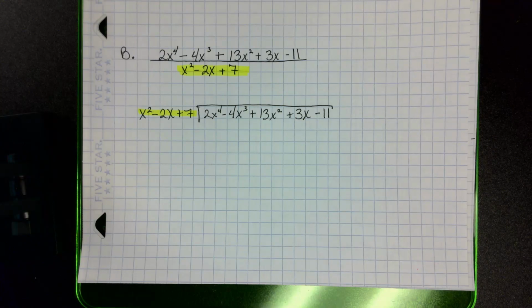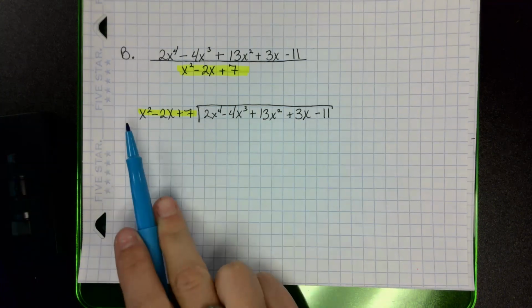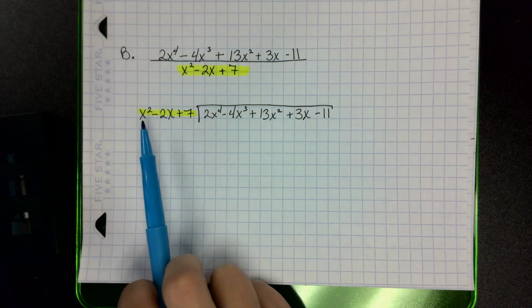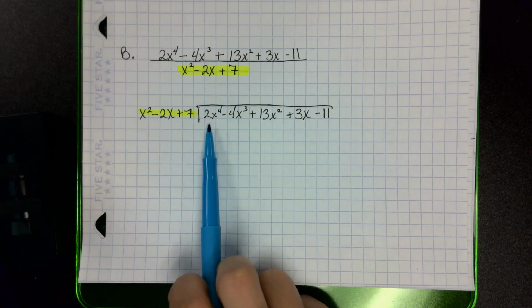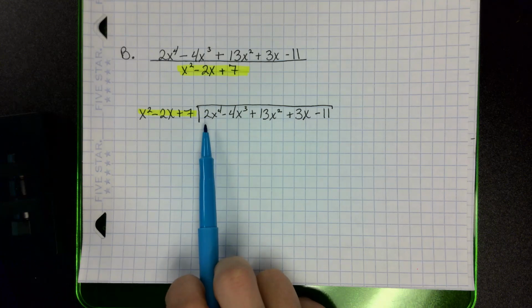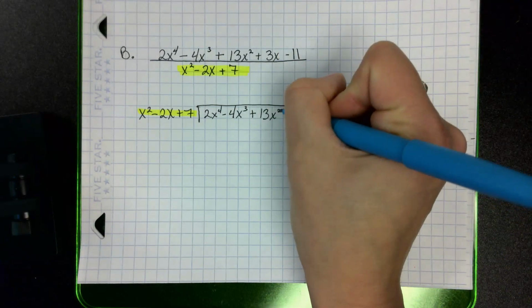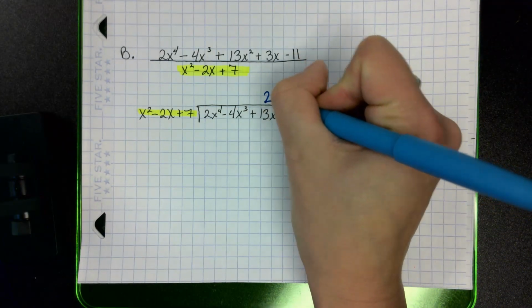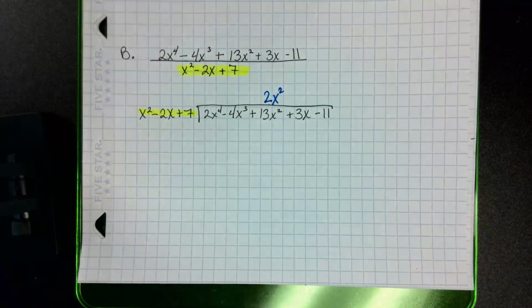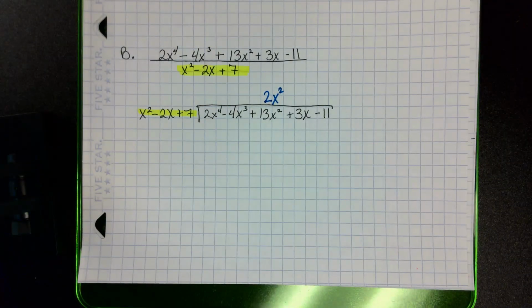So I'm going to start the same way. I have x squared, and so I'm thinking x squared times what is going to give me 2x to the 4th? Well, I need a 2 and an x squared. So 2x squared. Just for the habit, I'm going to go ahead and put it over the x squared. You can put it wherever you like, but I like to keep mine lined up.